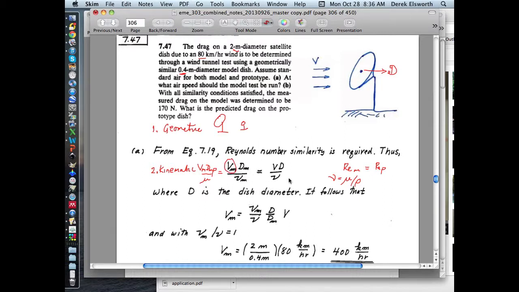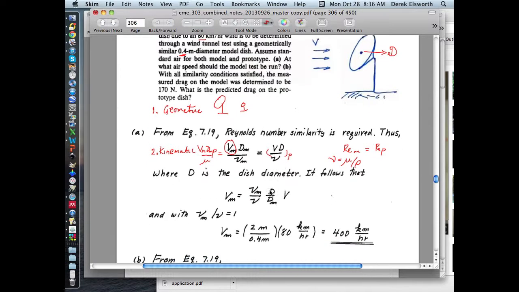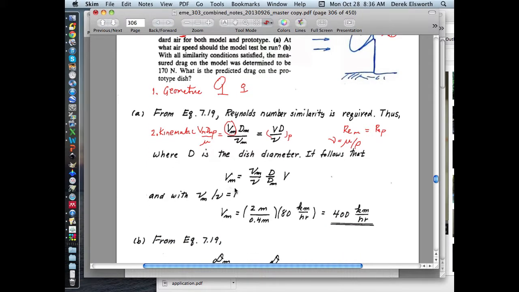This is the prototype, right? And so if we rearrange that, we get a model velocity. We know what the viscosity of the model is and the viscosity in the real one is. These two should equal 1, right, because it's air in both cases. We know that this scaling is 5 to 1, 2 meters versus 0.4 meters.